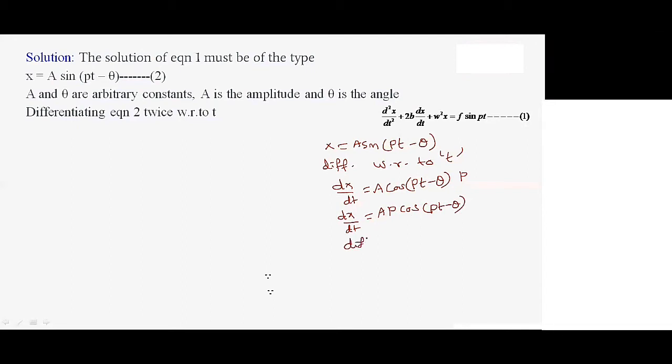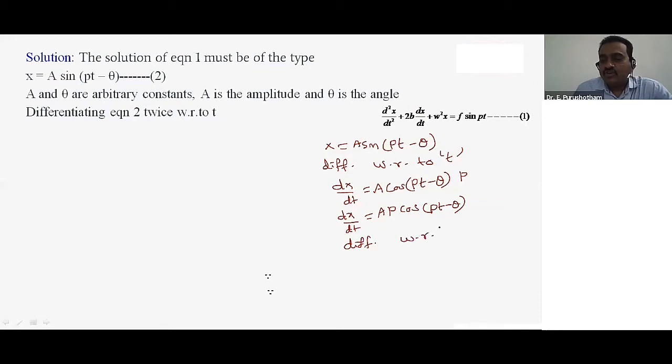Differentiating again with respect to time t. d/dt of dx/dt is d²x/dt². The constant A p stays as it is. d/dt of cos is minus sin(pt − θ), and d/dt of pt is p, so this is minus A p² sin(pt − θ).